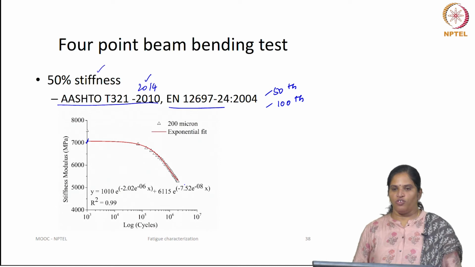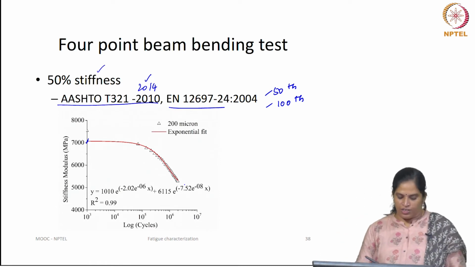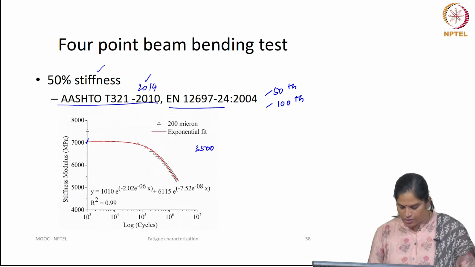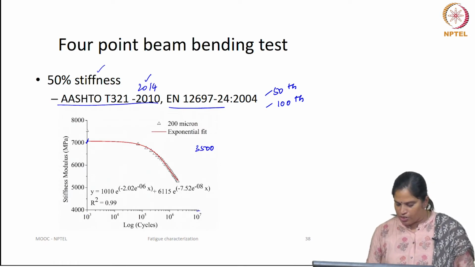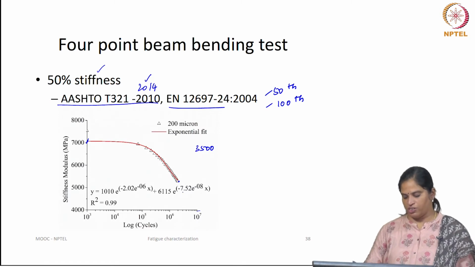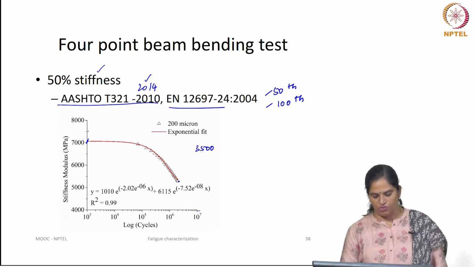In case you need to extrapolate the value, say for instance the initial stiffness here is 7000, 50% of initial stiffness, which is 3500, occurs somewhere here below. So, during testing the test was stopped before it reached the 50% stiffness.